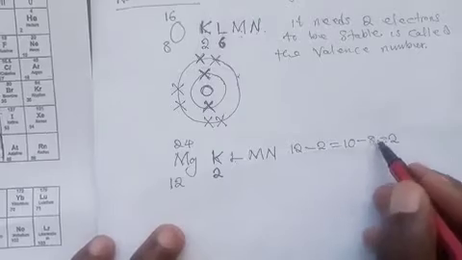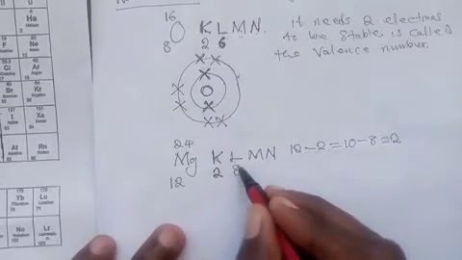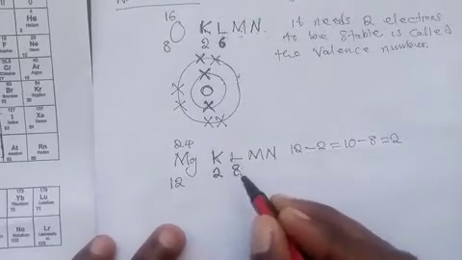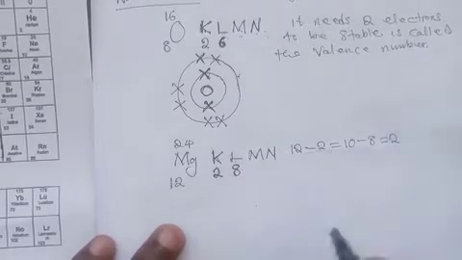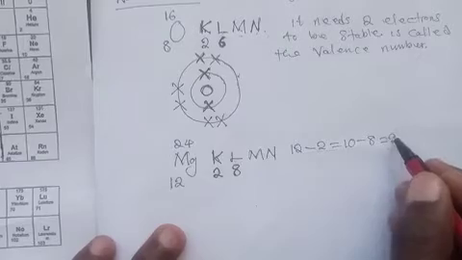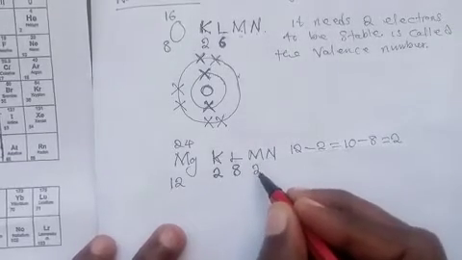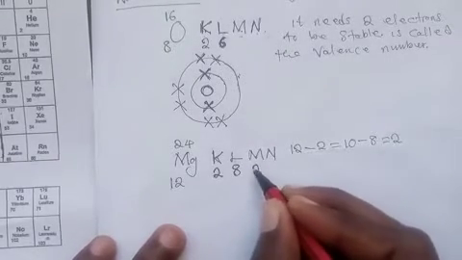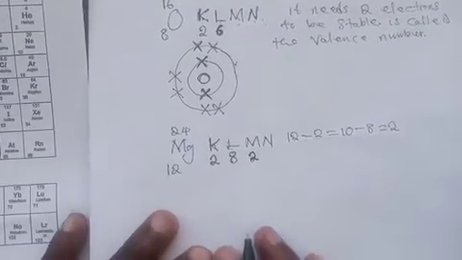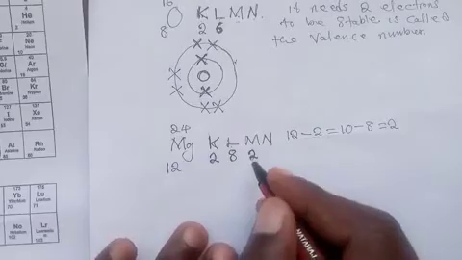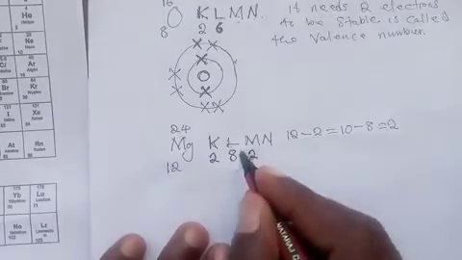This 8 we put here, because it occupies 8, it is full. So where is this 2 going? This 2 goes here, like this. All right, so this atom is a metal.